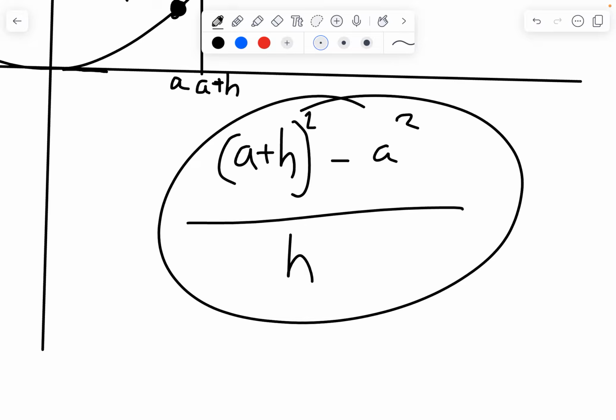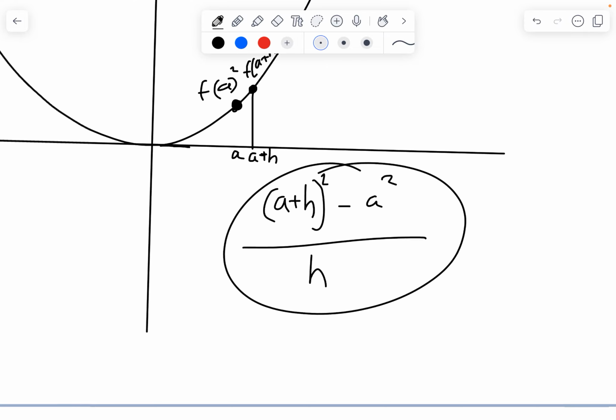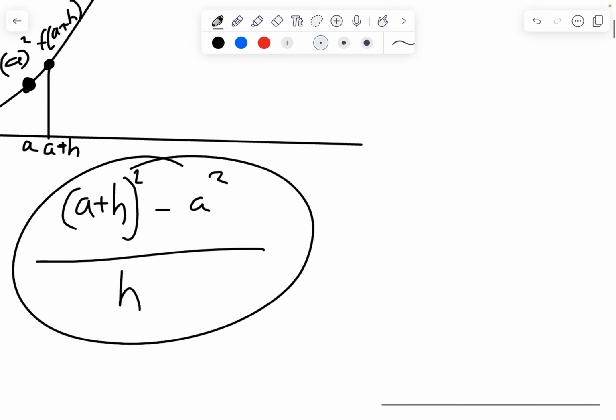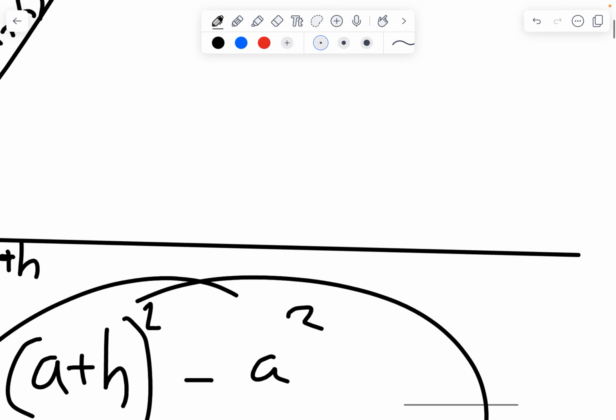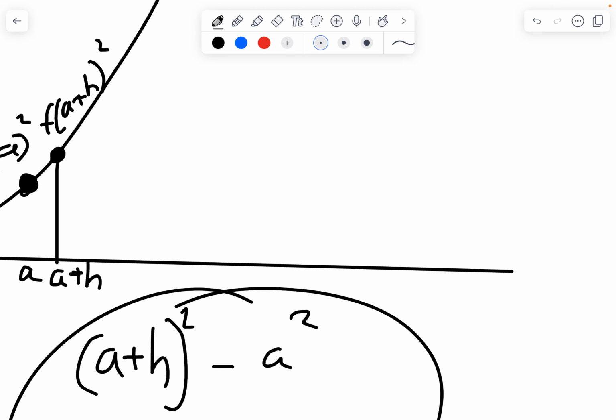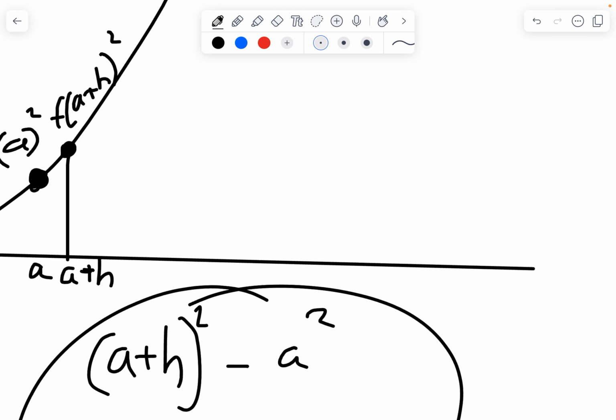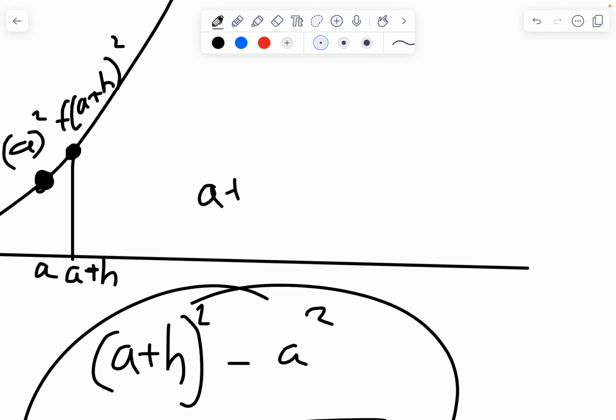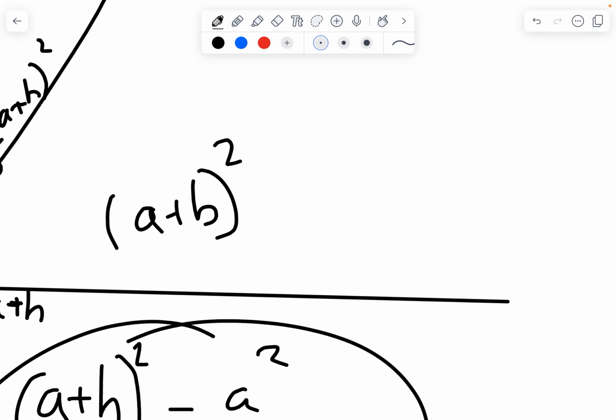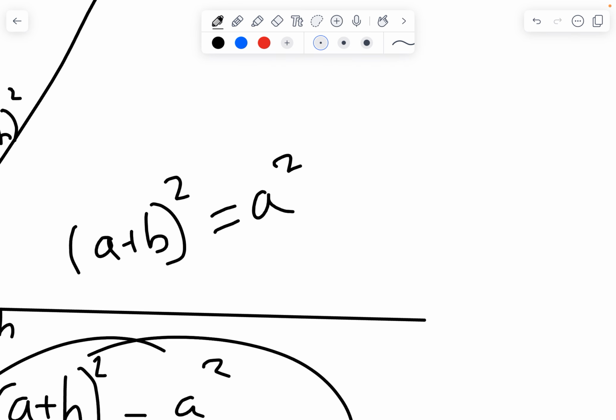But how does that help us? Now we have to simplify again, the numerator this time. And you guys should know, this is really handy, especially in calculus or in math in general. When you have a term like a plus b, whole thing squared, this is equal to a squared plus 2ab plus b squared.